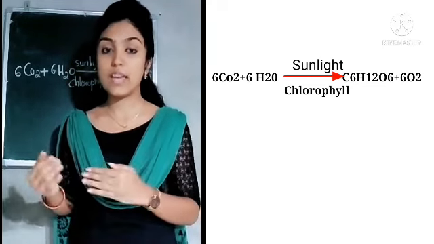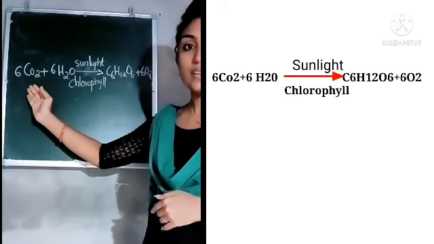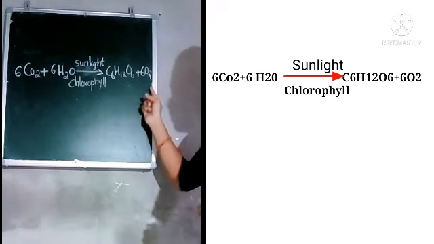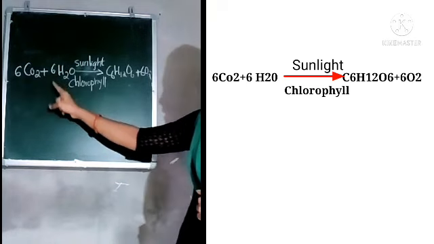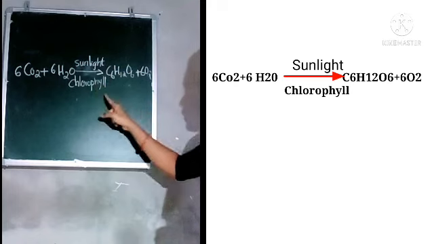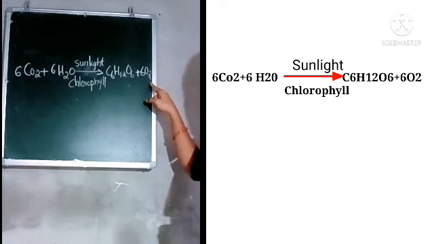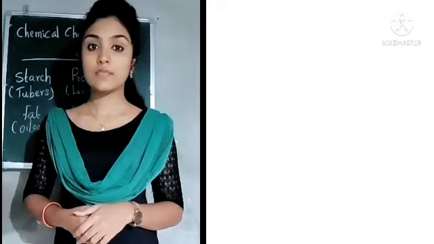Carbon dioxide combines with water in the presence of sunlight and chlorophyll, and glucose is produced. Oxygen is also produced. So glucose and oxygen are the products.